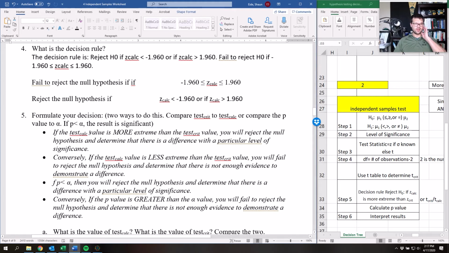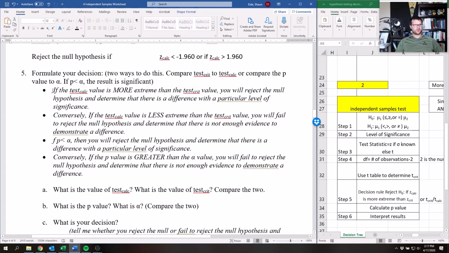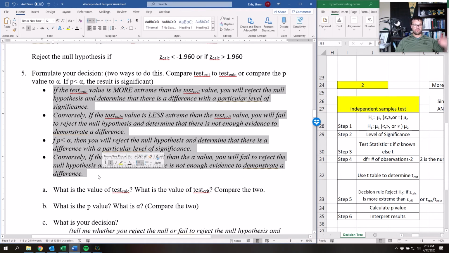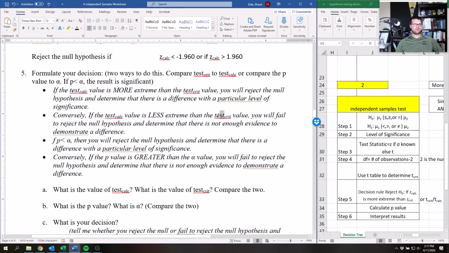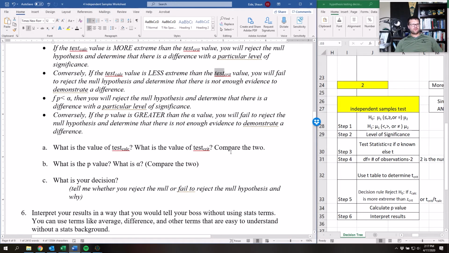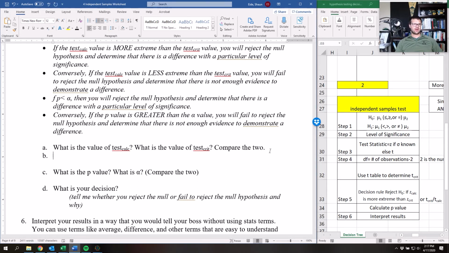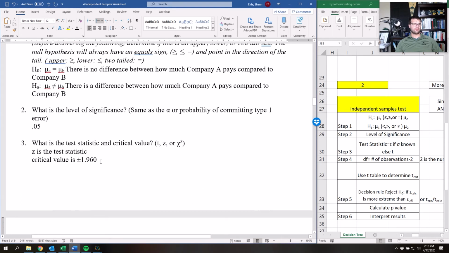It's just more information that tells you how you need to make your decision. Instead of test, you need to put in chi-squared or z or t. So what is the value of test calculated? We already have the value of test critical, so we're just going to copy this and bring it down here.